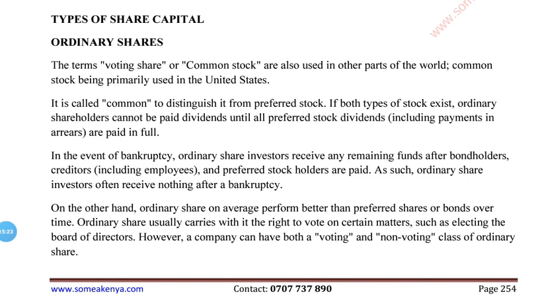On the other hand, ordinary shares on average perform better than preferred shares or bonds over time. Ordinary share usually carries with it the right to vote on certain matters such as electing the board of directors. So they are the ones who have the voting right. However, a company may have both a voting and non-voting class of ordinary share.